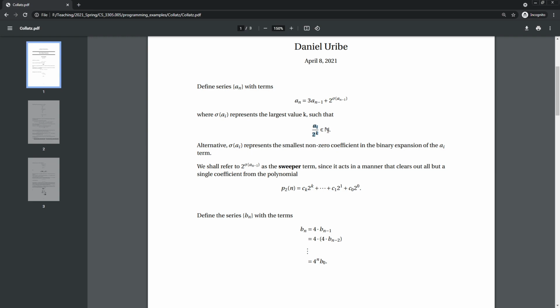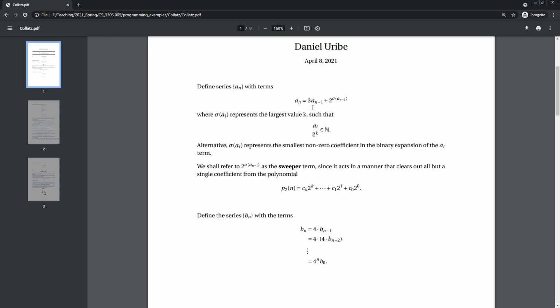And so it's the largest proper divisor in terms of powers of 2 for the previous term.